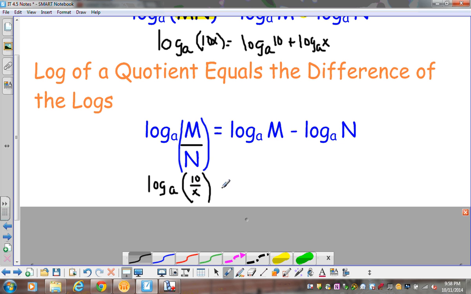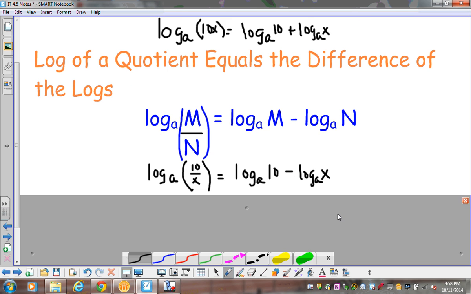I'm going to expand that to log base A of 10 minus log base A of x. The piece that's in the numerator always comes first. We're going to subtract off the piece that's in the denominator. So I expanded it from a single logarithm to multiple logarithms. Because it's division, I'm going to use subtraction to expand it.